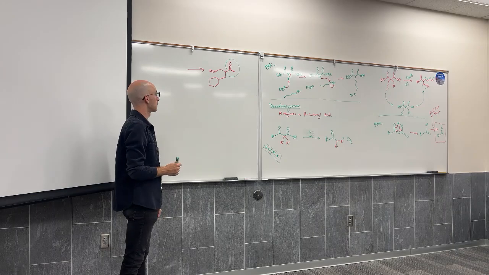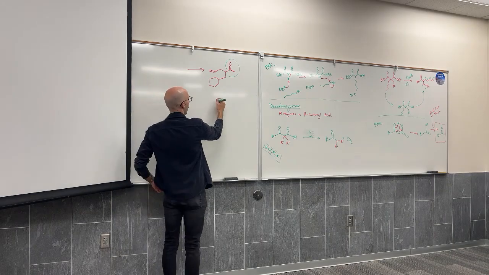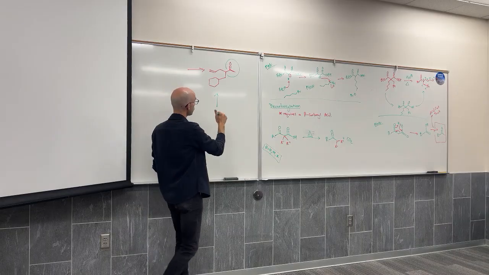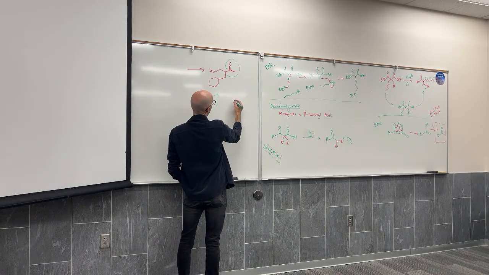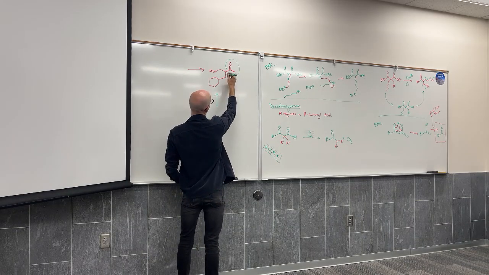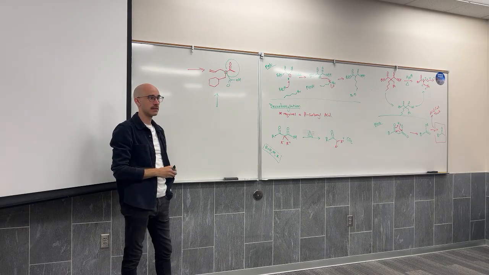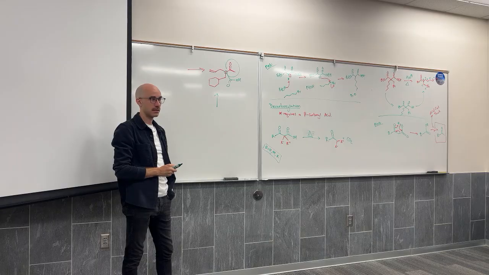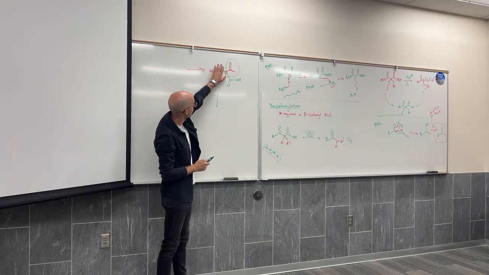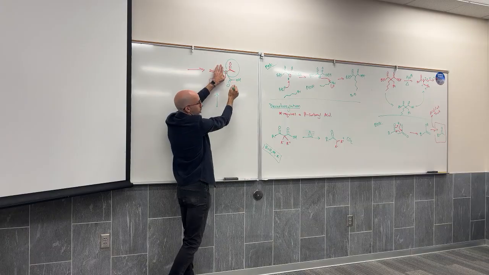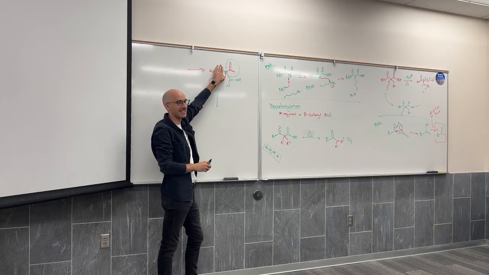Ketone. So if you've gotten here by decarboxylation, that means that at your more substituted alpha position, you also had a carboxylic acid that left. And that is your starting point. Ketone and carboxylic acid.